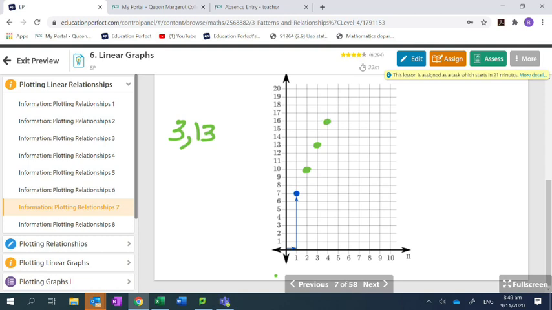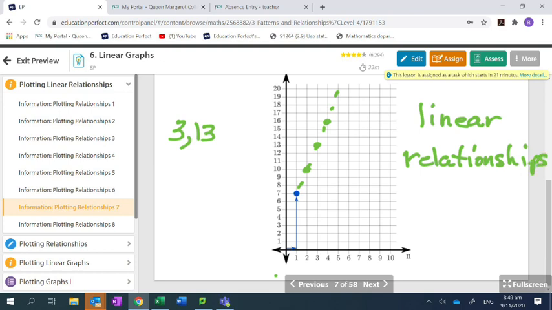And what do you notice about these dots? Well, look at the alignment of it, though. What do you see? They're lining up in a straight line, aren't they? Okay. Isn't that a straight line that we have going on here? So that's why they're called linear relationships, because if you plot them, they line up in a straight line.